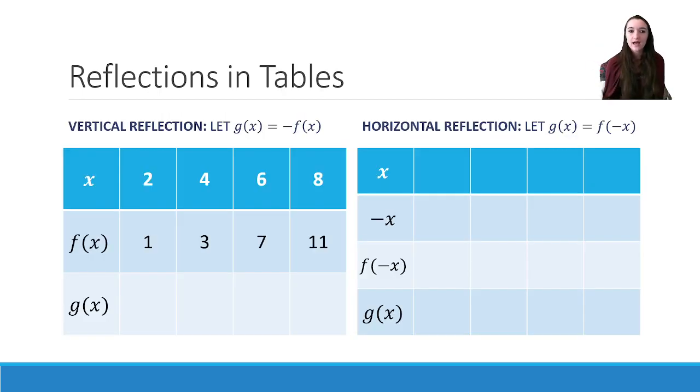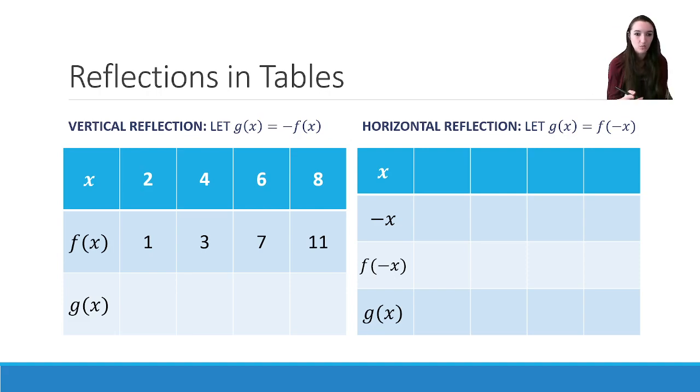So if we look at the tabular form of these types of reflections, again, I'm starting with the same x, f of x, and we're going to look at first the vertical reflection, g of x equal to negative f of x. So this is the easiest one to do. All we have to do is negate, or add a negative to, all of the f of x outputs.